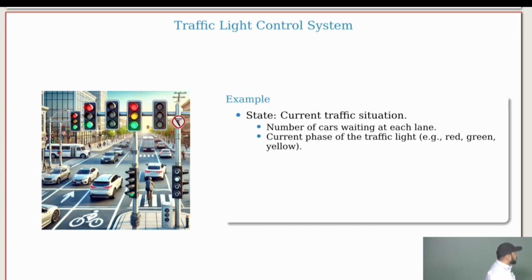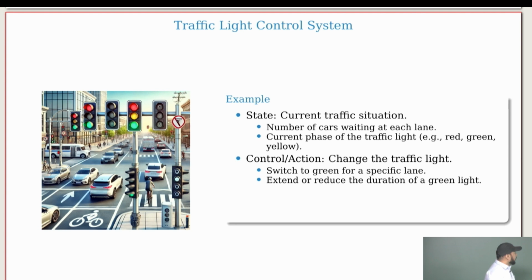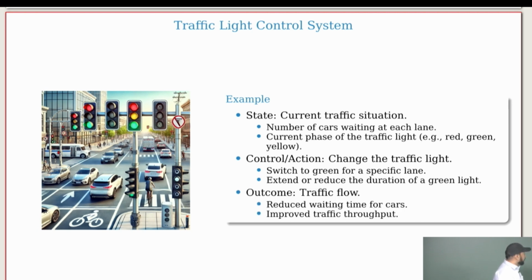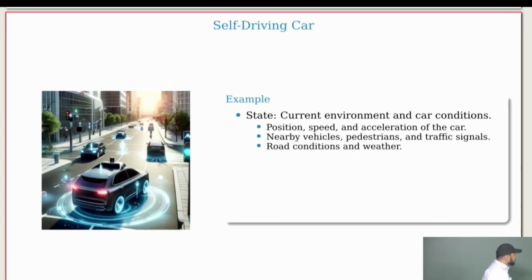So the current state could be the number of cars waiting at each lane, and the current phase of the traffic light: is it red, green, yellow? The controls or actions could be whether we should switch to green for some specific lane, or whether we should extend the duration of the green light, and the outcome could be reduced waiting time for cars or improved traffic throughput. So we may apply sequential decision making in these problems.